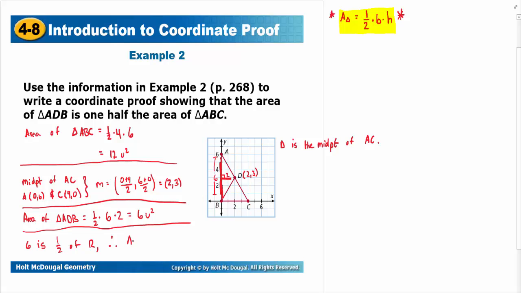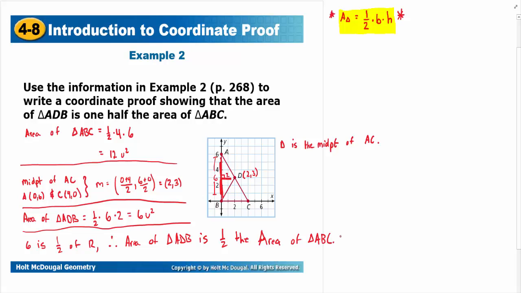Therefore, the area of triangle ADB is 1/2 the area of triangle ABC. There we go. Sorry, I'm just not thinking straight today.